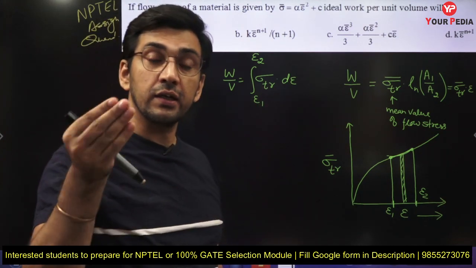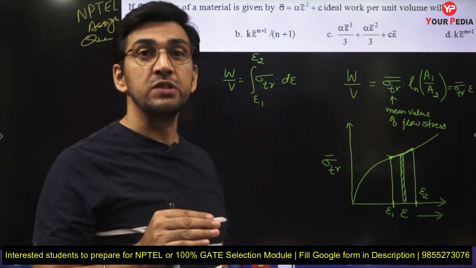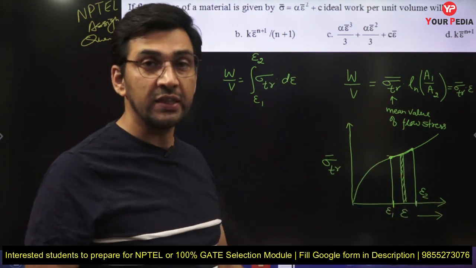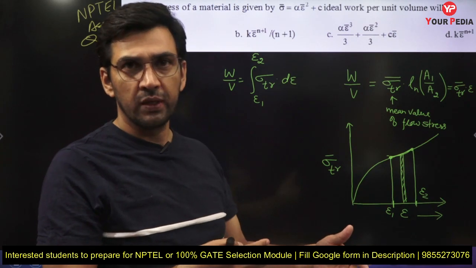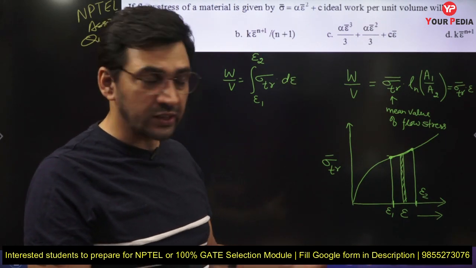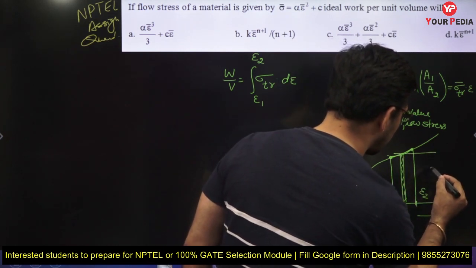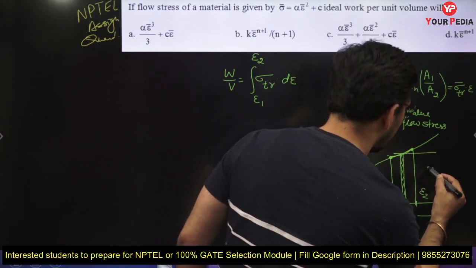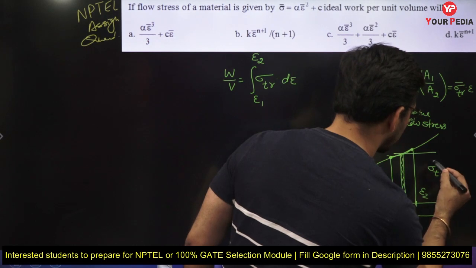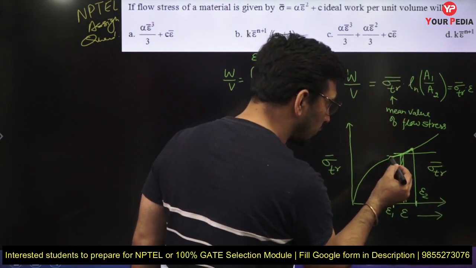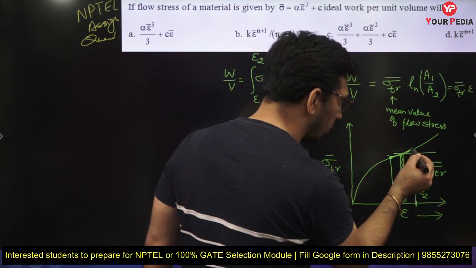So that our calculation becomes simple, our formula becomes simple, and we can apply it to the actual situation. Otherwise it will become complicated to use that formula or equation. So we take some mean value of the stress, which we call the average value of the true stress, even though it is varying from here to here. It was less, more, something that way.